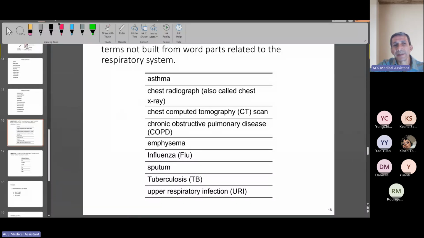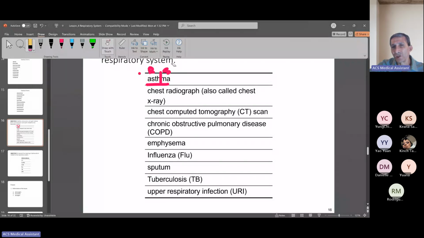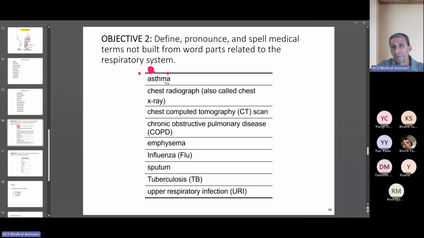You cannot come and say, okay, asthma, the suffix is ma, the word root is asth. No, it doesn't work that way. You have to pronounce the whole thing. We cannot divide this term. It's one word.